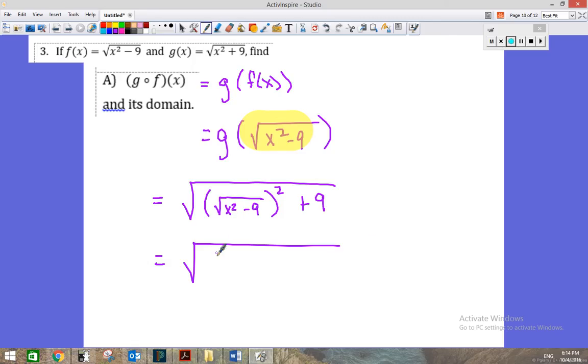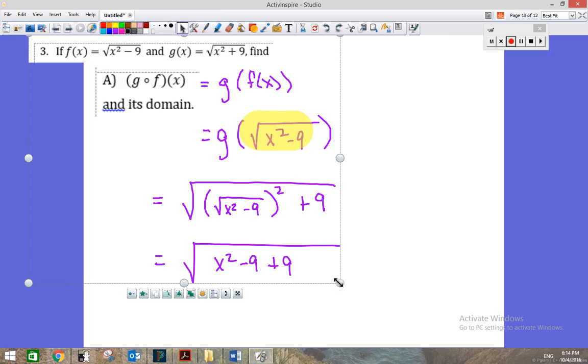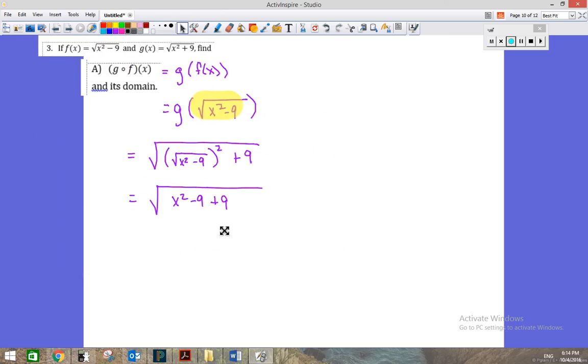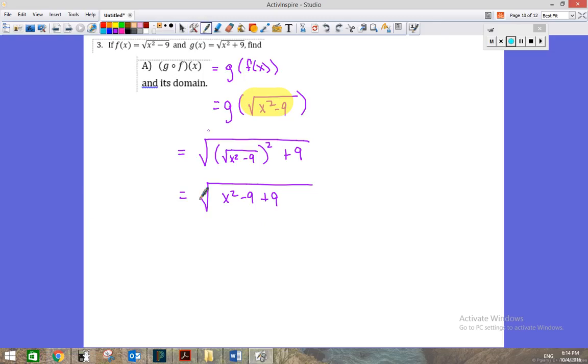Alright, so this one I get x squared minus 9 because the radical goes away, then plus 9, and the principal square root is always a positive value, so I need absolute value symbols around my x. Alright, so that's my expression for g composed with f. Whatever you plug in, it's going to take the absolute value of it.